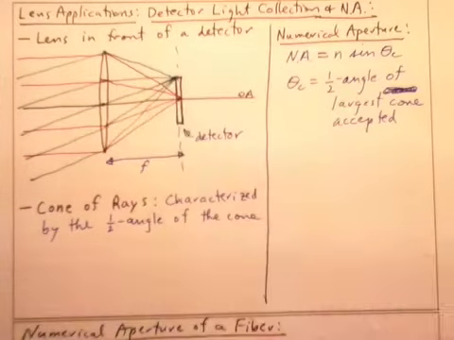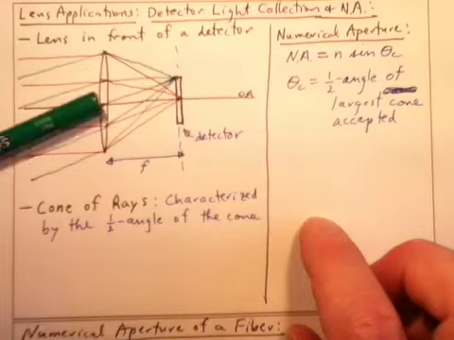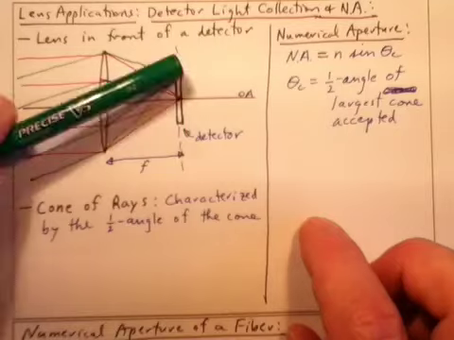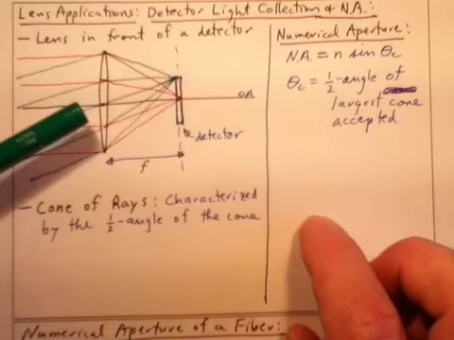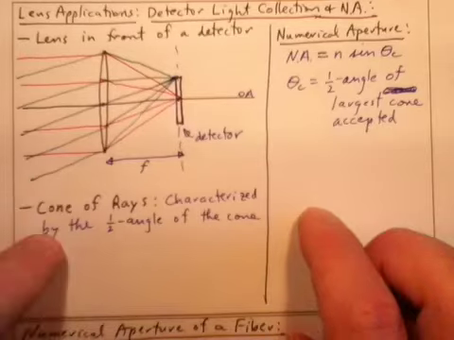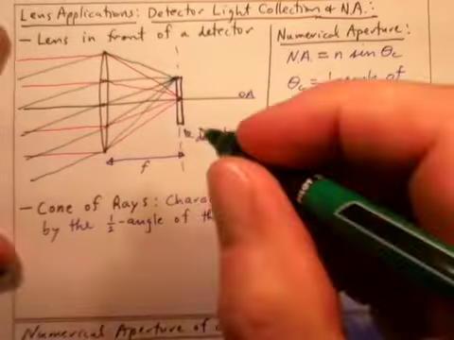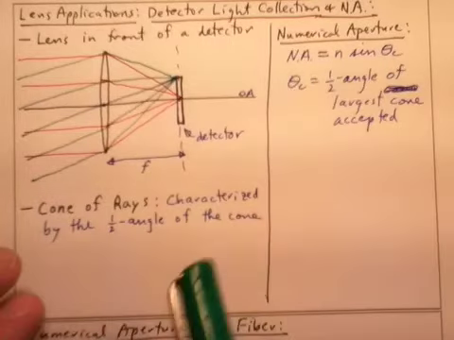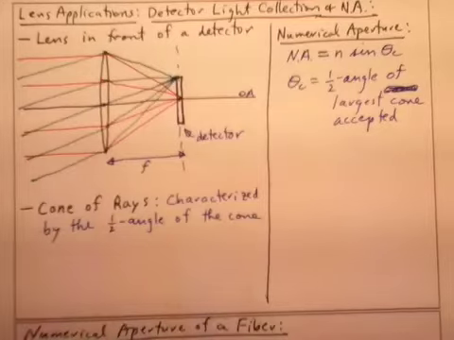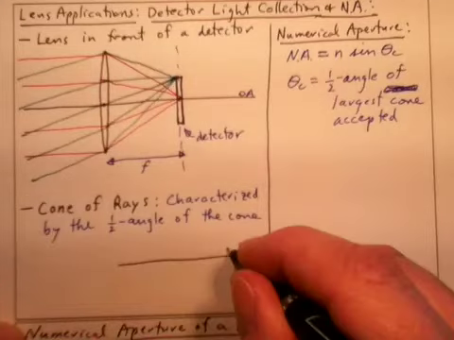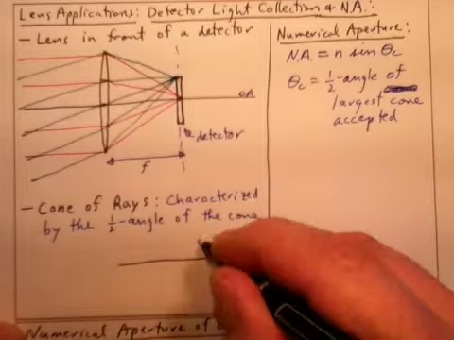In other words, what happens is there's a maximum angle off of the axis through which rays will be brought in and actually hit the detector. Rays that are brought in at a larger angle miss the detector entirely. And so what we're going to do is characterize this situation by what we call a cone of rays. So let's draw this detector again, smaller here, with our lens out front.